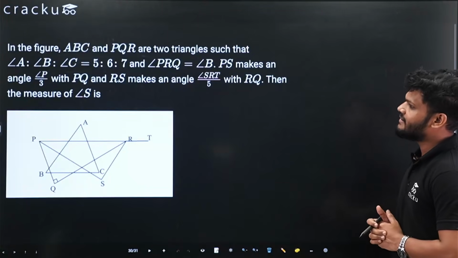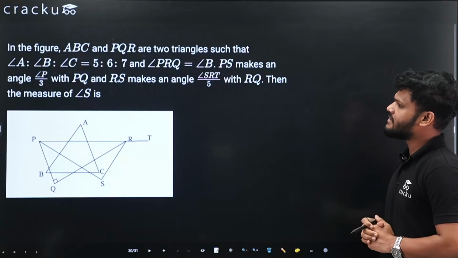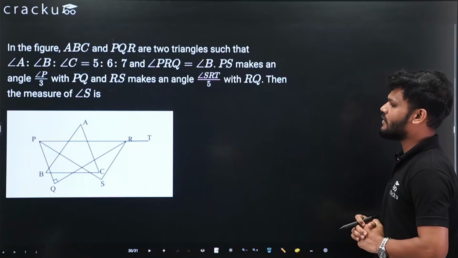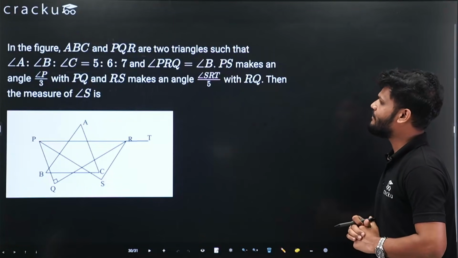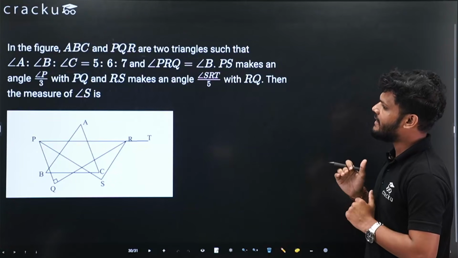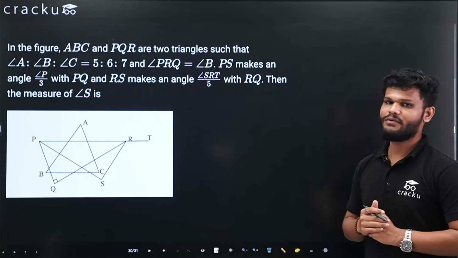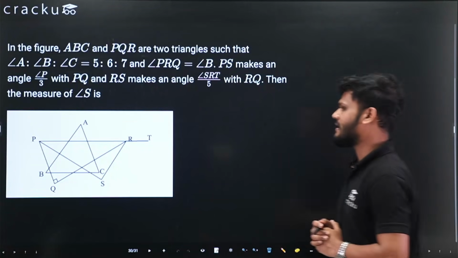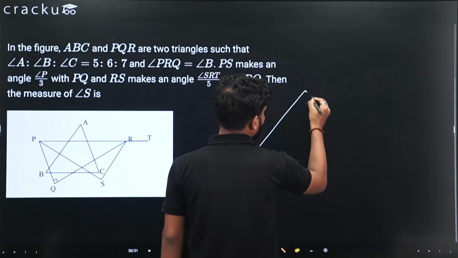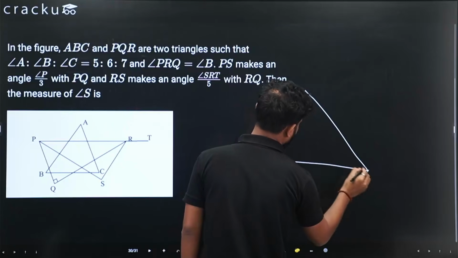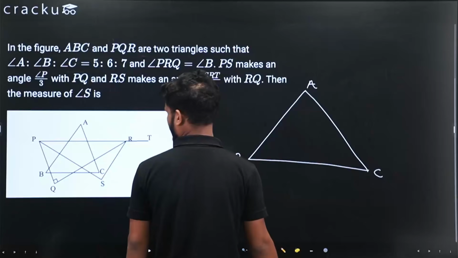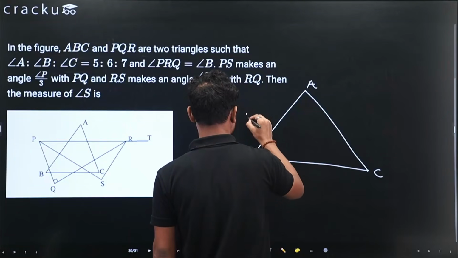In this question, we are asked: ABC and PQR are two triangles such that angles A, B, C are in the ratio 5:6:7 and angle PRQ is equal to angle B. PS makes an angle P by 3 with PQ and RS makes an angle SRT by 5 with RQ. Then the measure of angle S is what? Let us first draw the figure. I have A, B and C. Then I have this PQ.